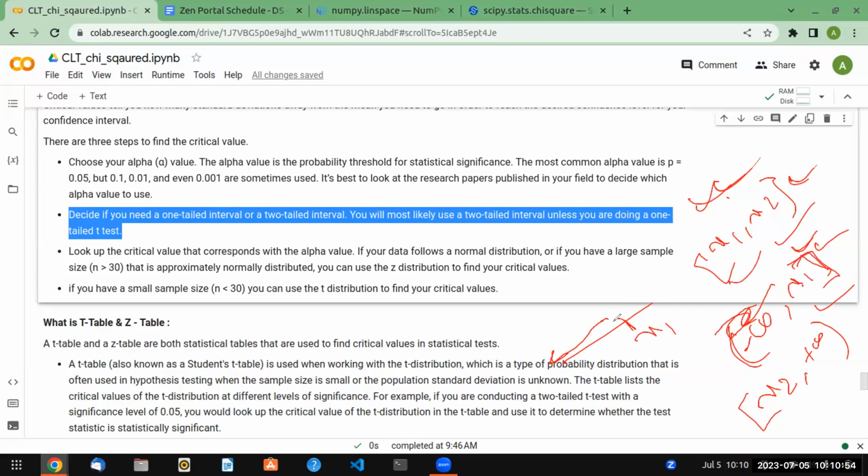This means any point in this direction, less than x1. And this means any point in this direction, greater than x2. Now you got it, right? Here we are defining one point, and the other direction is the positive direction, or right.